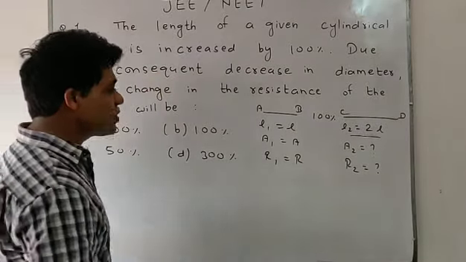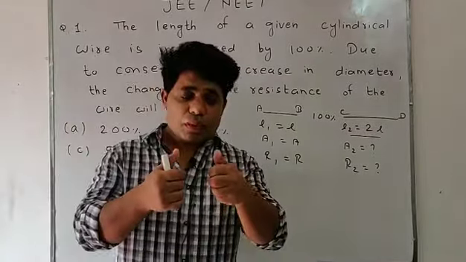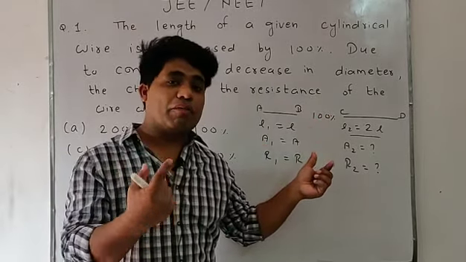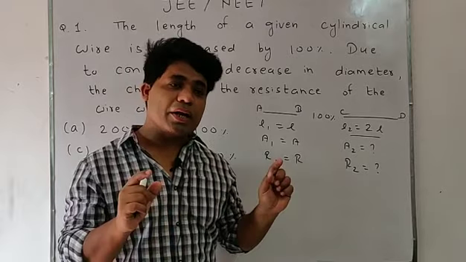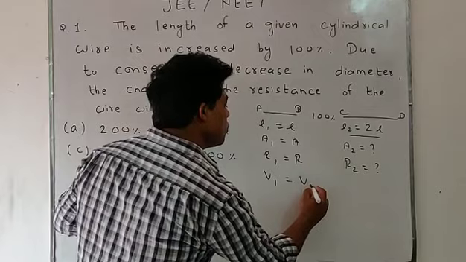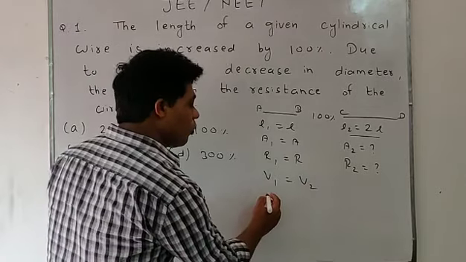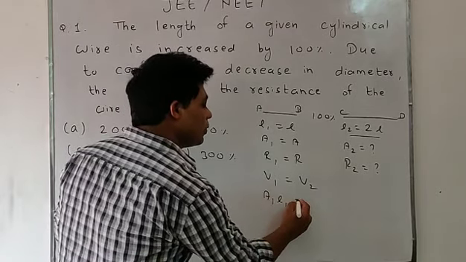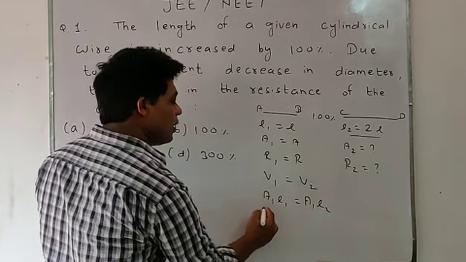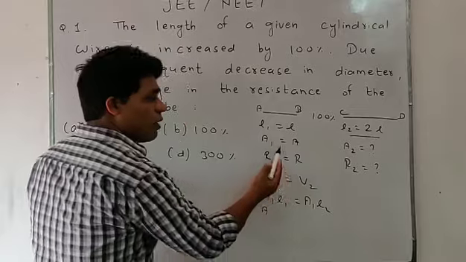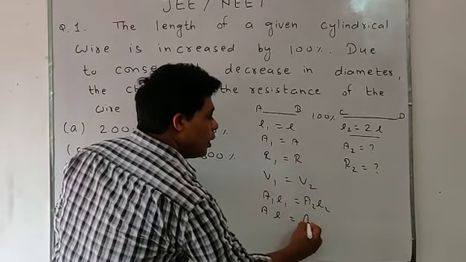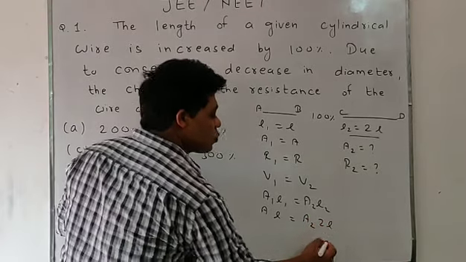Look, students, when we stretch the wire, when we make its length double, when we increase its length 100%, in that condition volume will not change. Initial volume will always equal final volume. And you know the formula of volume: area of cross section into length. A1 is A, L1 is L the initial length, and A2 we have to find, and L2 is 2L.